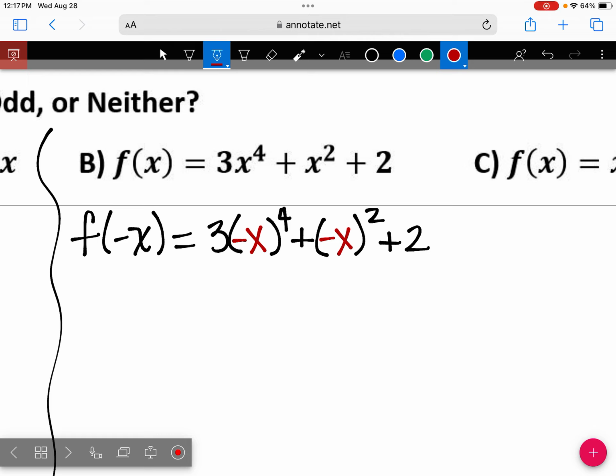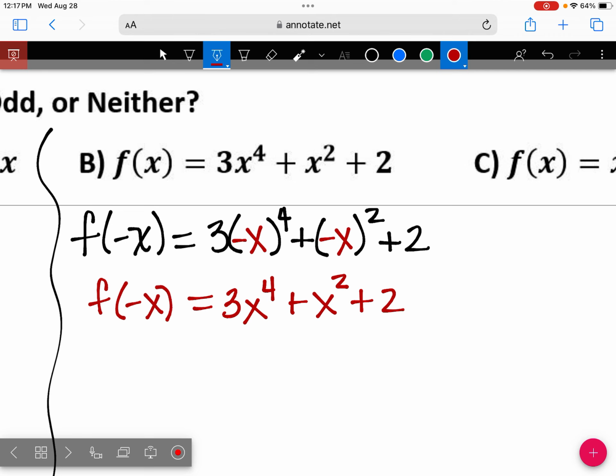Because 4 is even, this negative x becomes positive again, so this is going to stay a positive 3x to the 4th. And because that 2 is even, it's going to make that negative x positive again. So when you compare f of negative x to f of x, is it the same or is it the opposite? It's the same. So because it's the same, we know this is even.